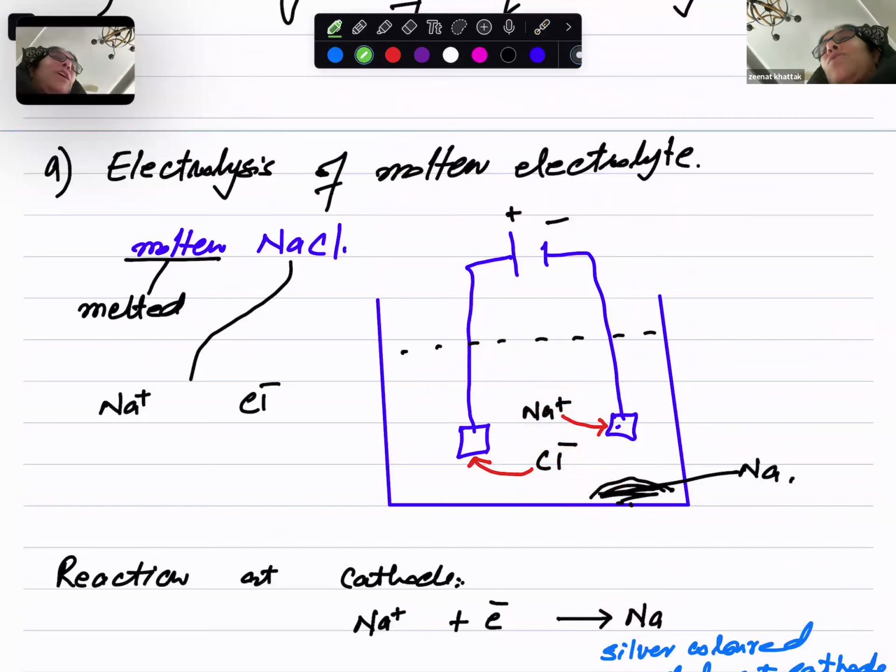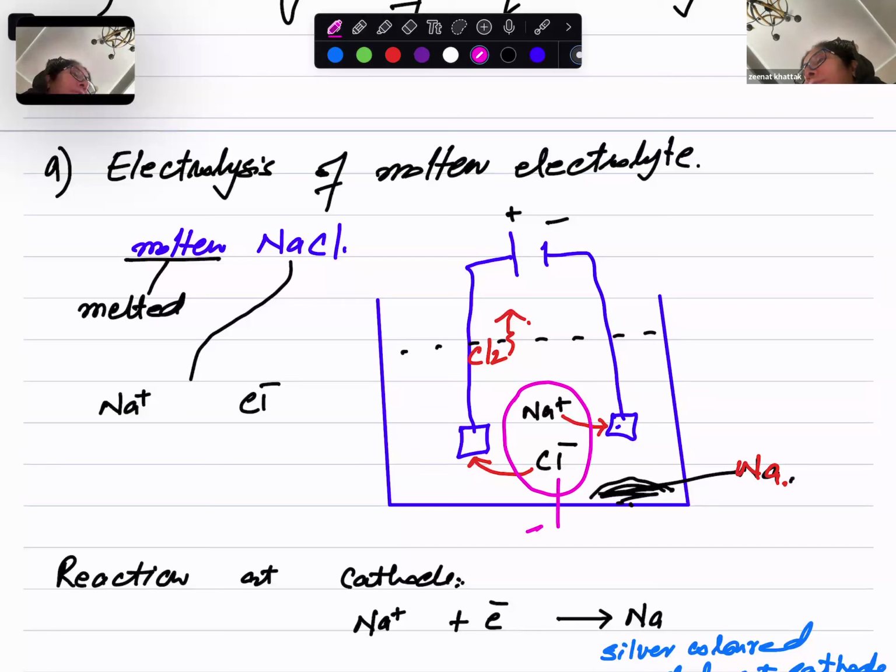The chloride will go in the form of chlorine gas. This is sodium. The electrolyte is fully decomposed, nothing left.